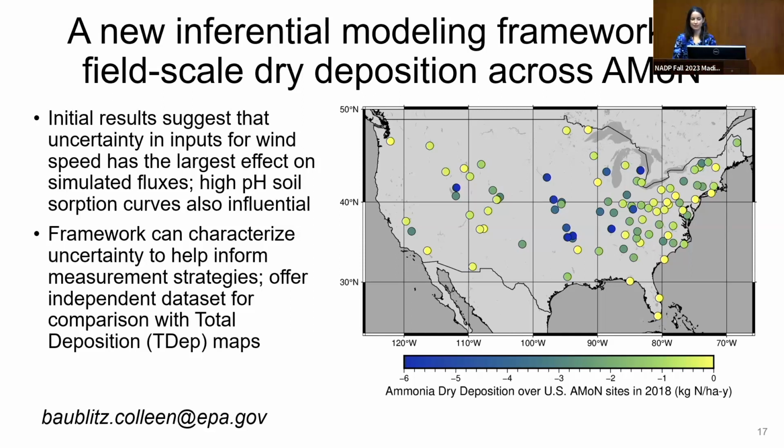Yeah, thanks for asking, Jeff. You may recall that last year I presented a very similar talk on this project, and we showed pretty different results, in particular for high pH grasses and shrubs. What we had found was that there are some parameters related to the soil absorption curves that needed to be adjusted to better reflect the soil ammonium dynamics for those land cover categories in particular, and at high pH values.